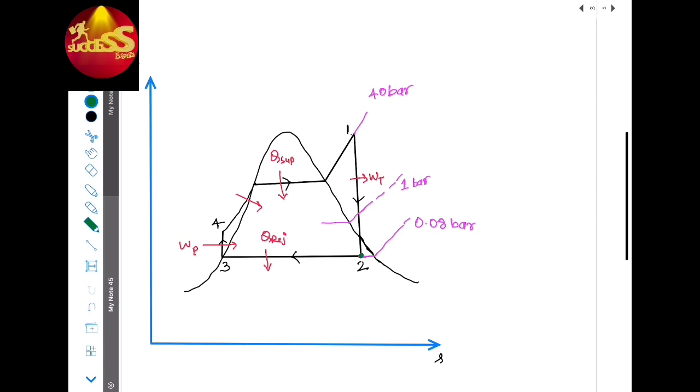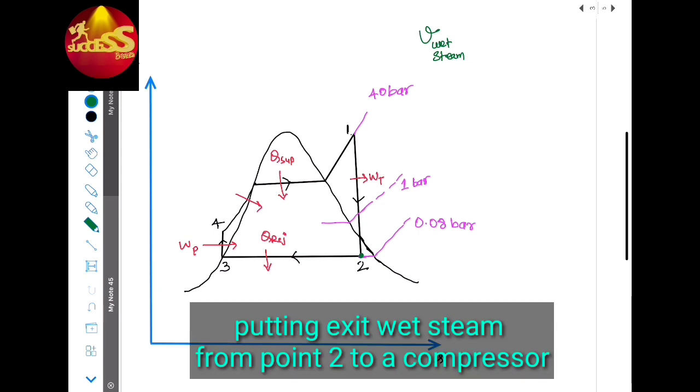First increase its pressure and then put it in. If at this point we are going to increase the pressure, then we have to put this wet steam into a compressor to increase the pressure, and the work required by the compressor is VdP.